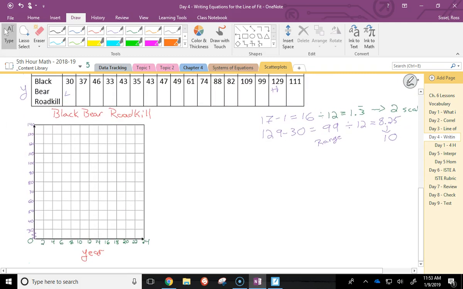And our y-axis is black bear roadkill. So I'm going to say number of black bears. So there's my 2 labels. My y-axis, I said number of black bears killed, and my x-axis was the year.